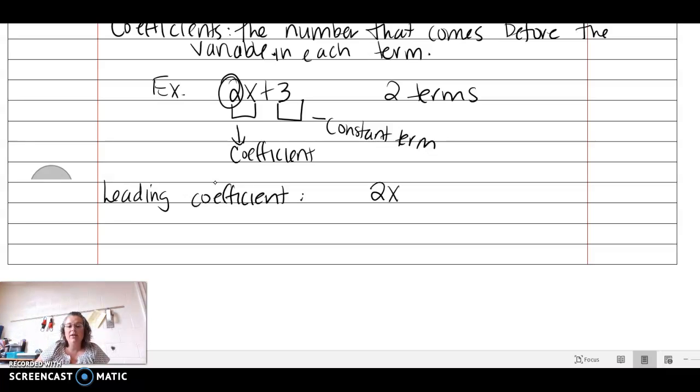So if I have 2x squared plus 3x plus 4, you have 3 terms here. The 2 is a coefficient, the 3 is a coefficient.